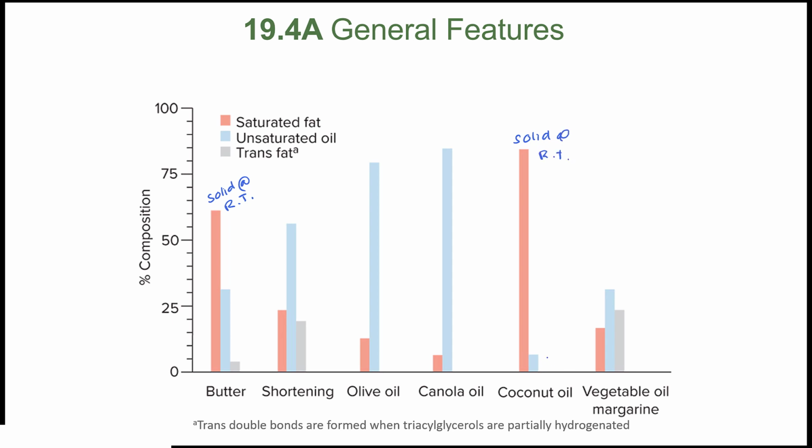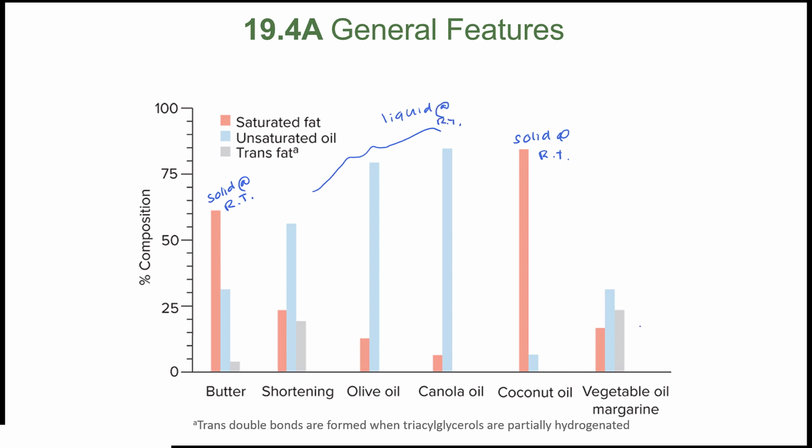And that one does not contain a lot of unsaturated fat, whereas butter does. Shortening is mostly unsaturated fat, and it has some of the saturated fat, which makes it very spreadable. And then olive oil is mostly unsaturated fat. It has a little bit of saturated fat, which is why it can solidify if you put it in the refrigerator. Canola is mostly unsaturated, so these ones are the ones that are liquid at room temperature.